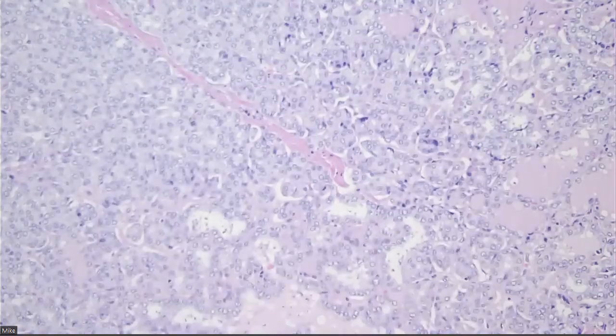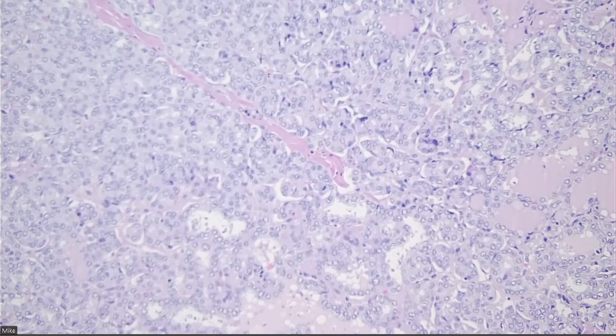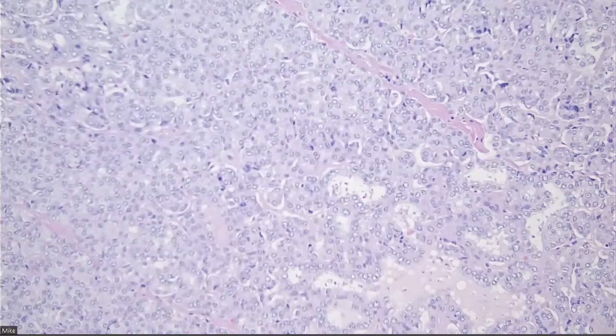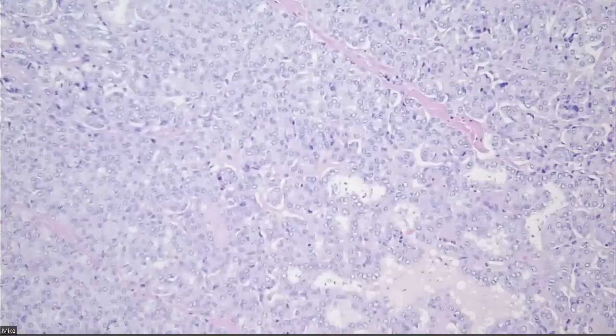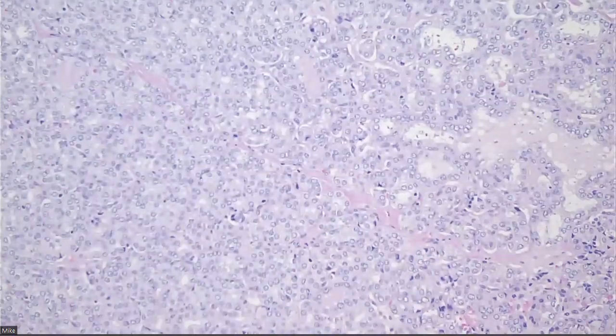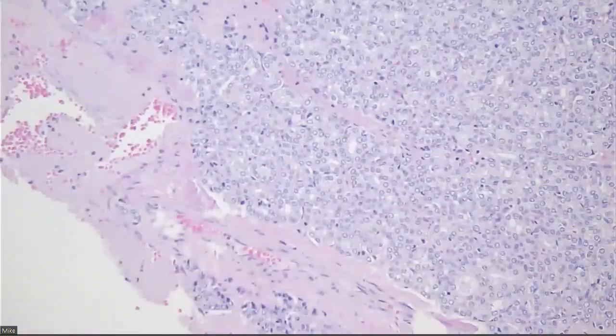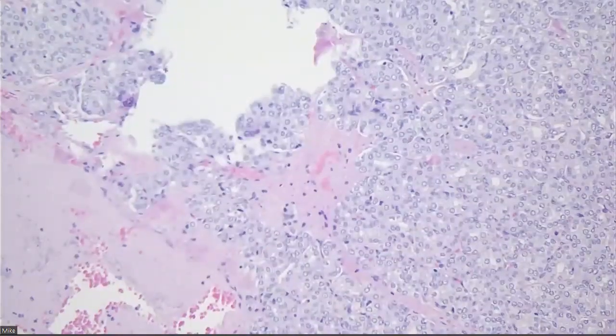Sometimes the follicles are larger, right? Sometimes the follicles are mini and they're really compressed, right? So if you recapitulate this to FNA, usually what you'll see are these tiny little microfollicles, like little florets that are really tiny and lots of them, right? So that microfollicular pattern is a clue to what is important and what we may be dealing with.